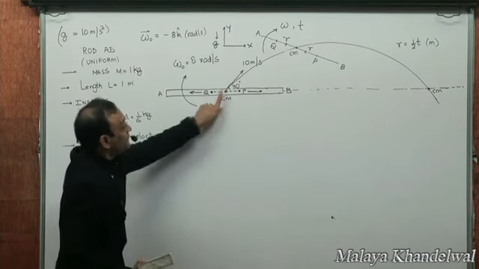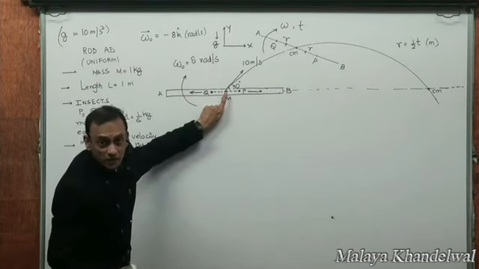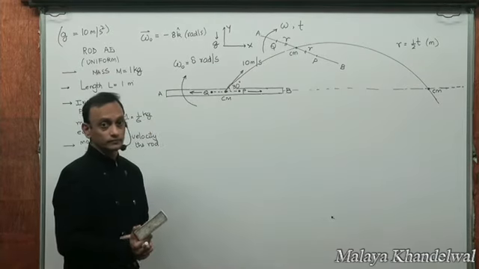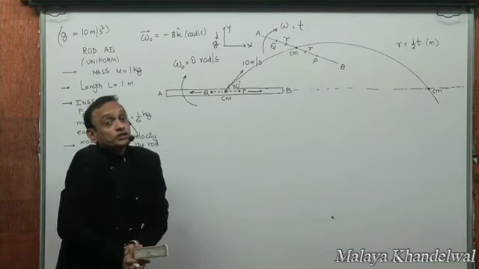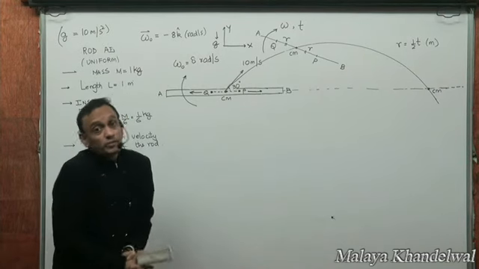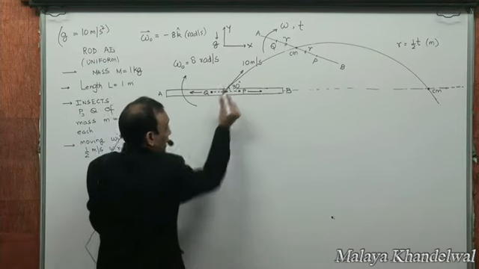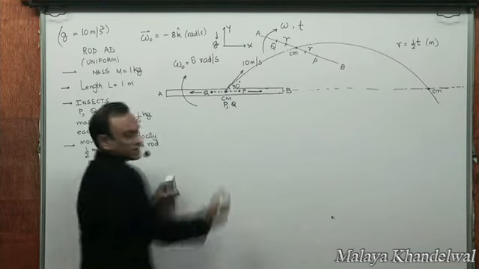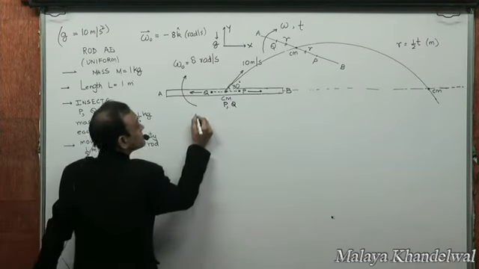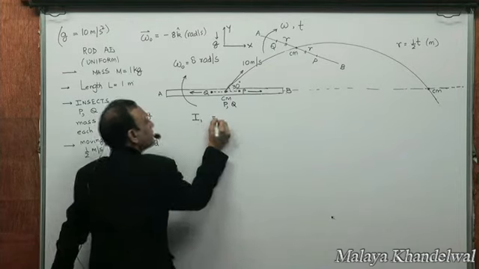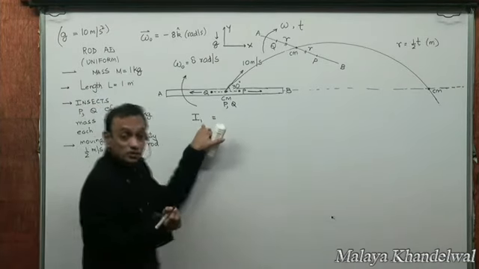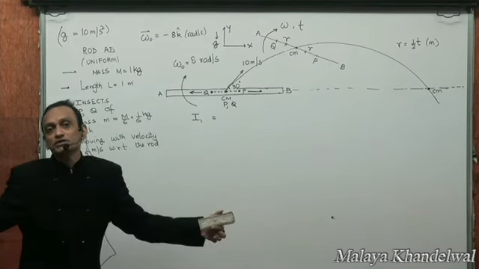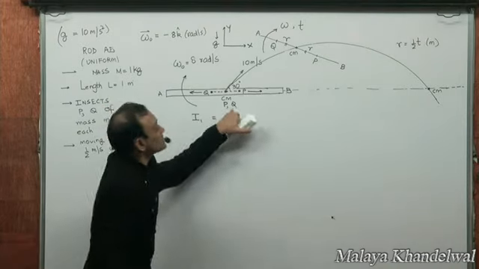Hey, when the insects were at the center of mass of the rod, and the rod was horizontal, right? The moment of inertia of the rod plus insect system, I1 in this state, when P and Q were both at the center of mass, the moment of inertia of the system, say I1, would have been simply the moment of inertia of the rod about the center of mass, because the insects were at the center of mass.